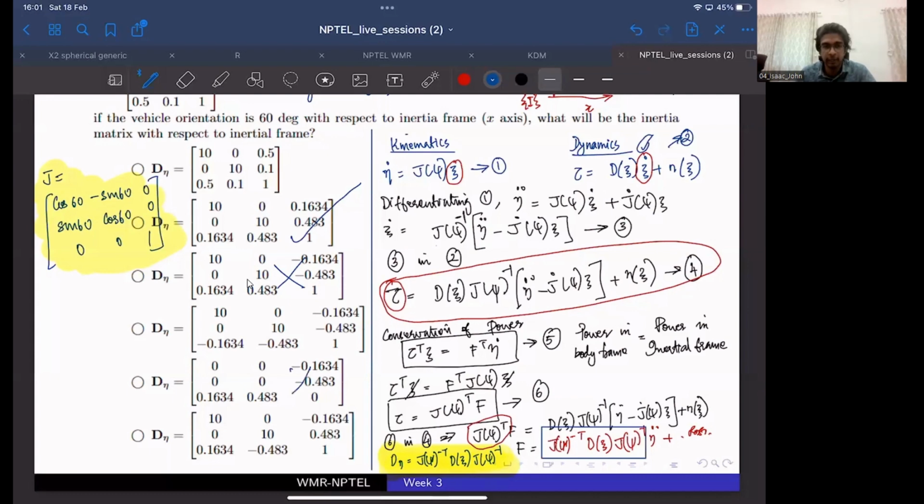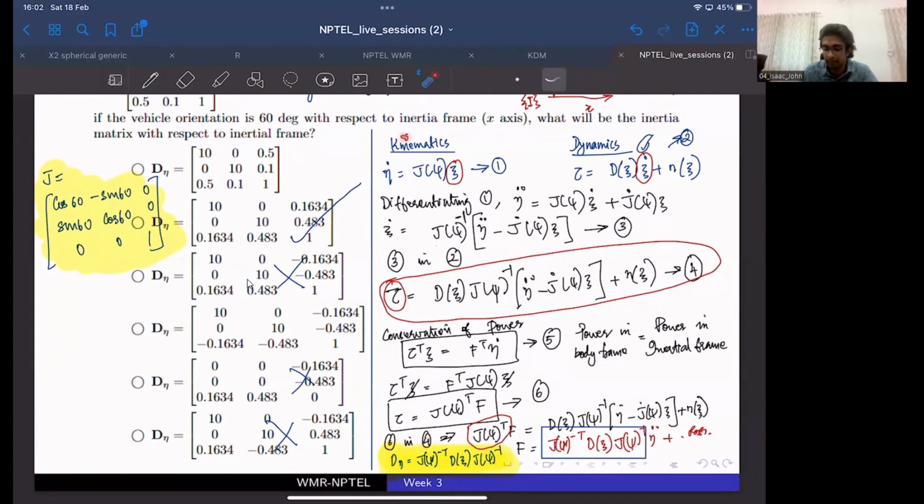Option E you can also eliminate because that is not symmetric. The final option you can also eliminate because that is also not symmetric. So out of the remaining 3 options, this would be your correct answer if you correctly apply this final transformation.